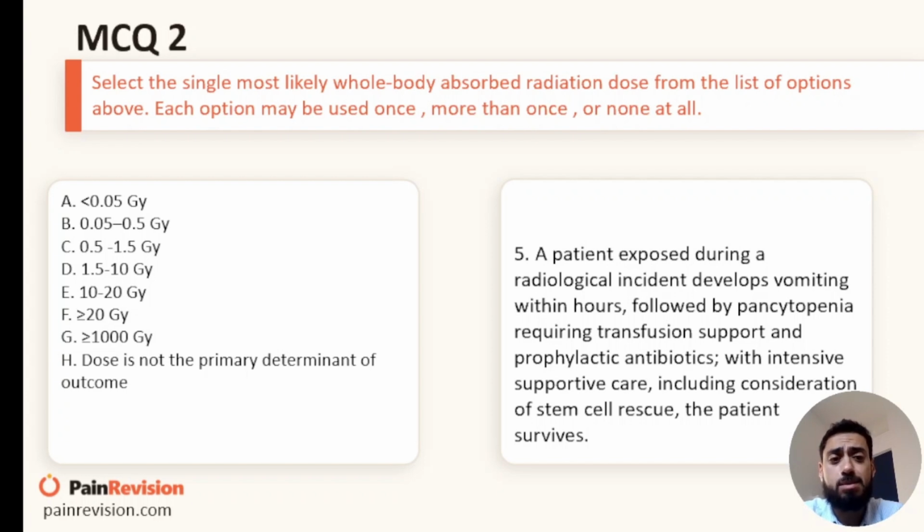So basically, this is the patient who had some serious damage but survived secondary to a bone marrow transplant. And again, you're basically ruling out the very high figures and the very low figures. So you're looking at something in the middle, which will potentially be D or E. And in this case, the correct answer is actually D, 1.5 to 10 grays.